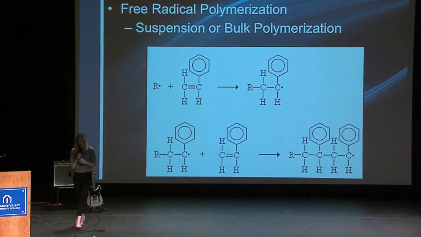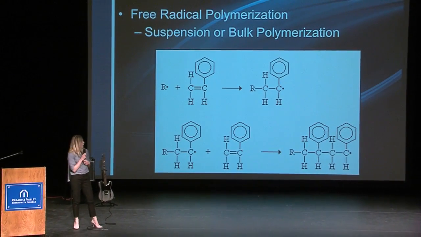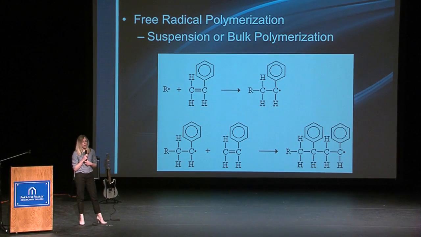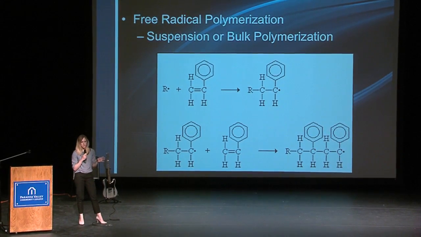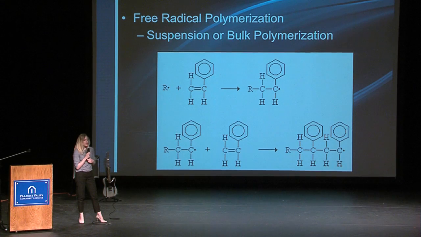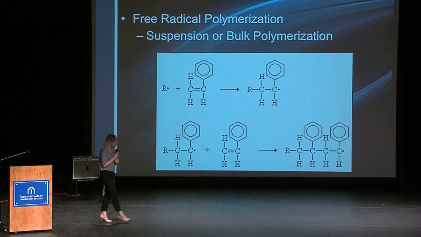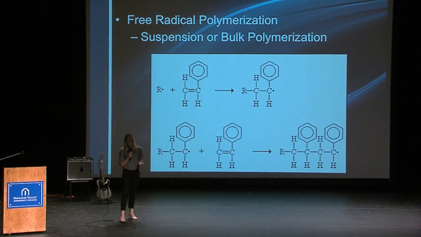There are a couple of kinds of free radical polymerization that can be done as well to form kind of different forms of the polymer. Polystyrene utilizes bulk polymerization and suspension polymerization for different purposes. So bulk polymerization is the simplest form.